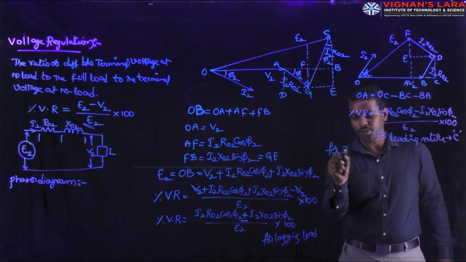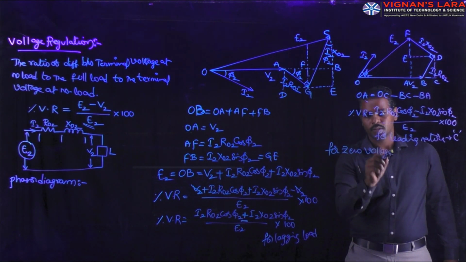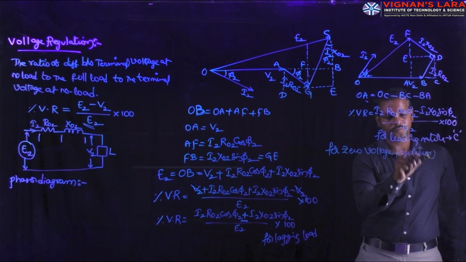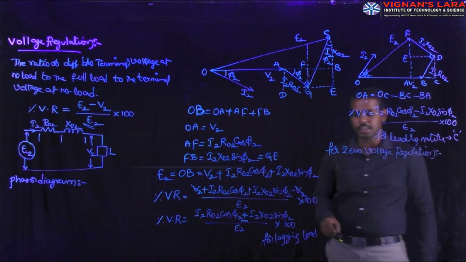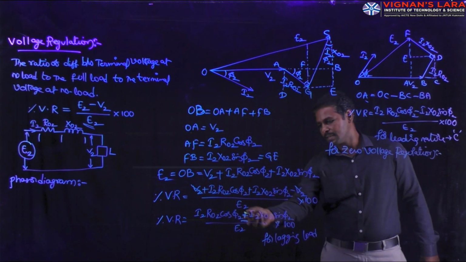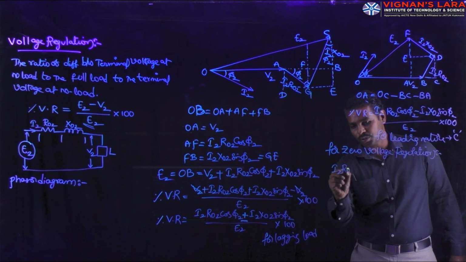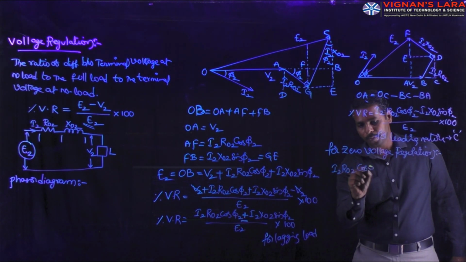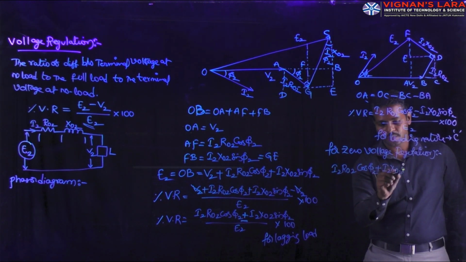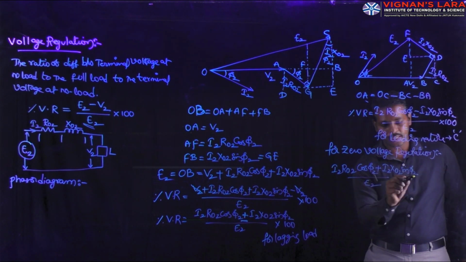So for zero voltage regulation, that means the voltage regulation for lagging power factors is equal to (I2 R02 cos phi 2 plus I2 X02 sin phi 2) divided by E2, which is equal to 0.